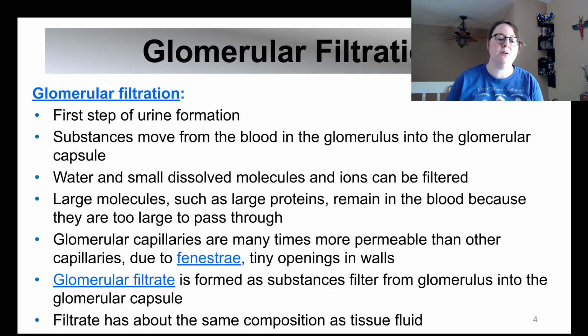Glomerular capillaries are many times more permeable than other capillaries due to the fenestrae, or those tiny openings in the walls. And glomerular filtrate is formed as substances filter from the glomerulus into the glomerular capsule. The filtrate has about the same composition as tissue fluid, what you'd find in the rest of your body.